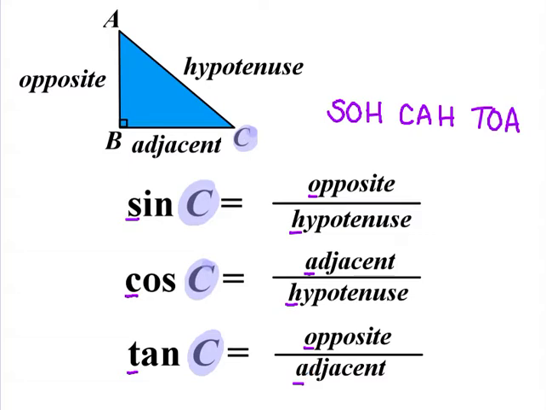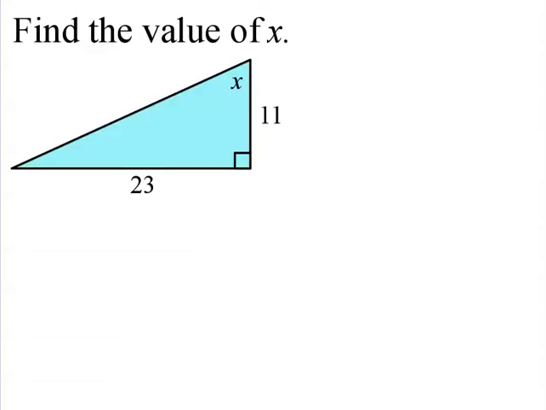Let's go ahead and look at what we have on the next slide. Find the value of x. So this is my angle right here. So I'm going to identify the three sides that I know. Which one is your hypotenuse?